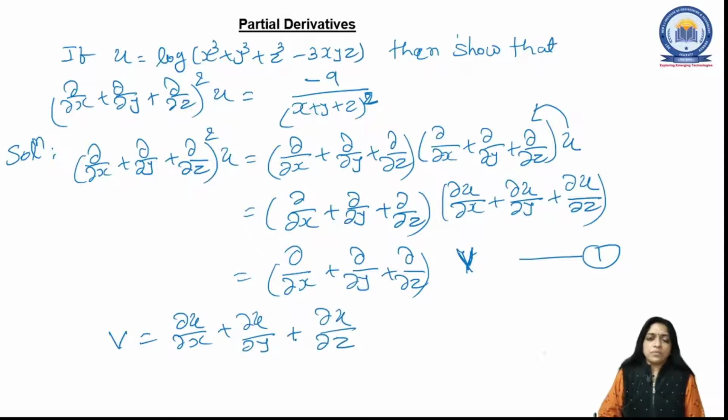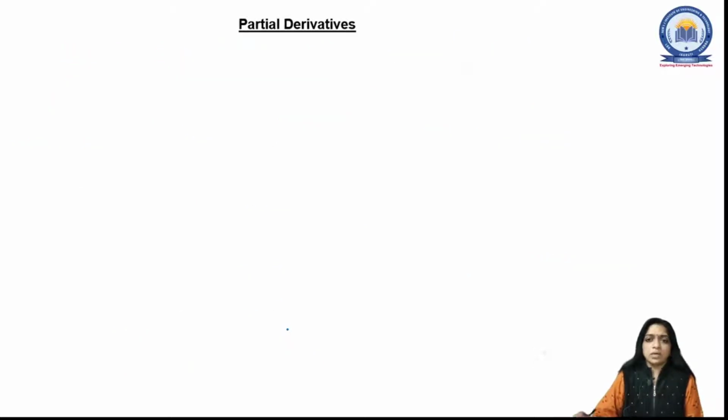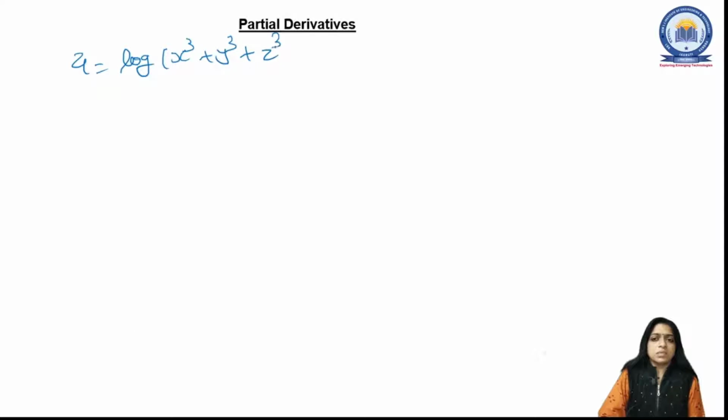So first I would find the value of v by differentiating u with respect to x, y and z, and after summing all three values I get v. Here my u is log of x cube plus y cube plus z cube minus 3xyz.